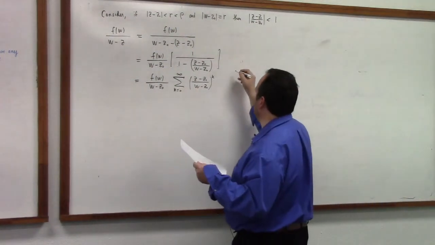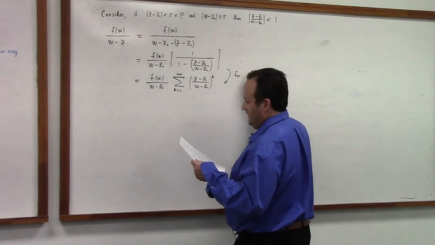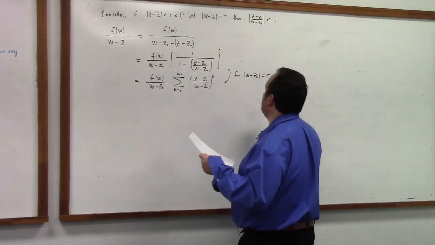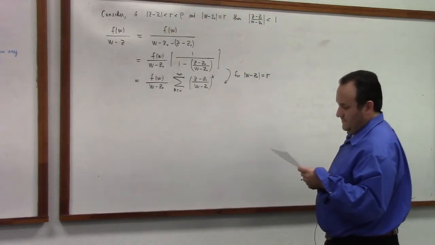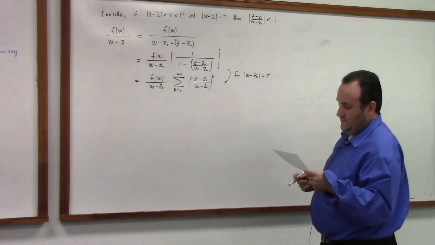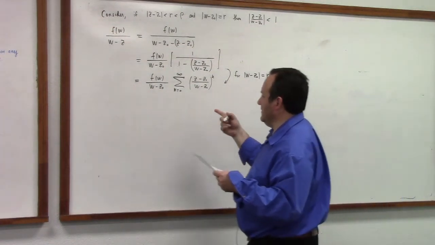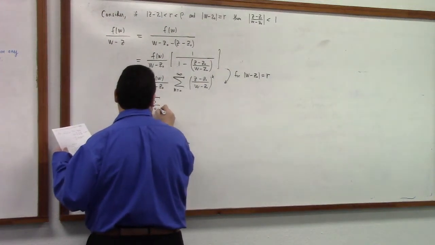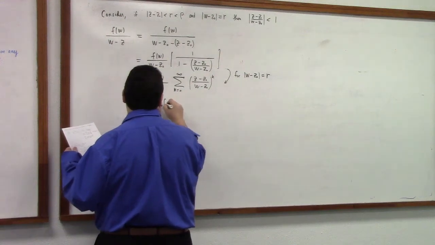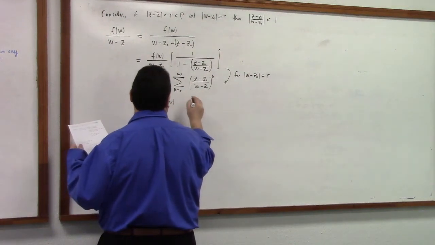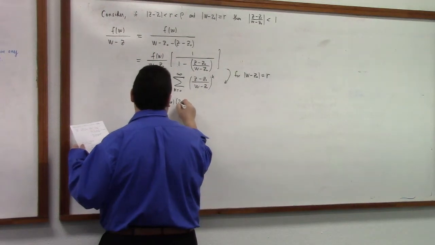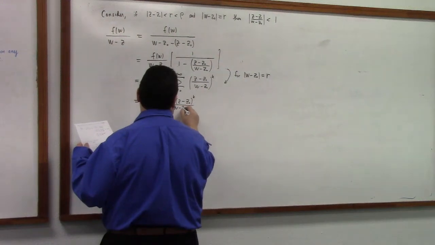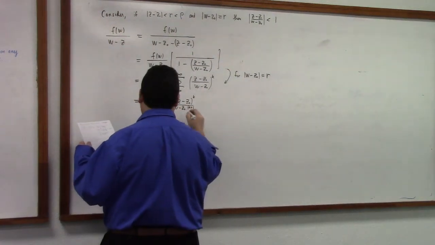And this is for modulus of w minus z naught equal to r. Then this is just a series, and f of w is a constant out front, so you can rewrite this as the sum from k equals 0 to infinity of f of w times z minus z naught to the k power, divided by w minus z naught to the k plus 1.